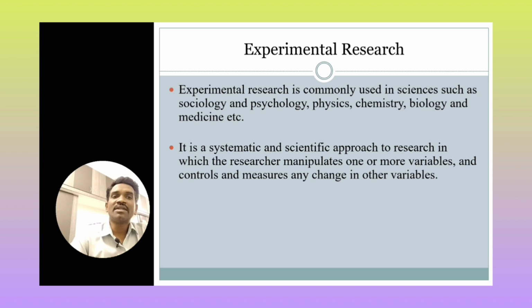Then experimental research. Experimental research is commonly used in sciences such as sociology and psychology, physics, chemistry, biology and medicine, etc. It is a systematic and scientific approach to research in which the researcher manipulates one or more variables and controls and measures any changes in other variables.